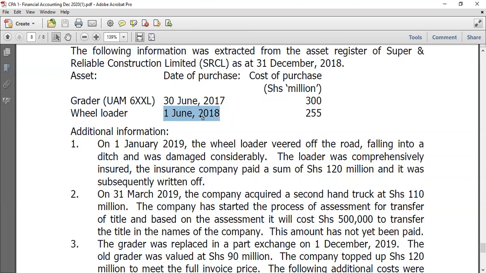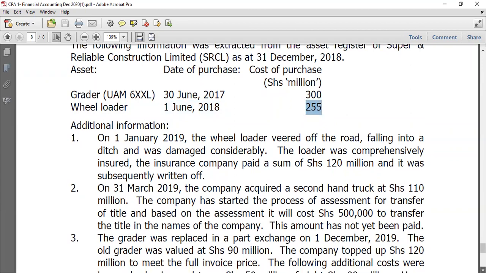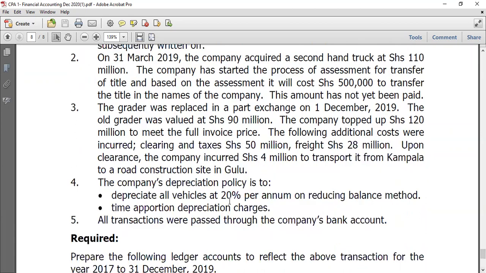So this wheel loader lasted with us for seven months, okay, before it veered off the road. So what we are going to do, remember they told us that it's straight line depreciation at 20%. Oh, sorry, it's on the reducing balance method, 20% per annum on reducing balance method.